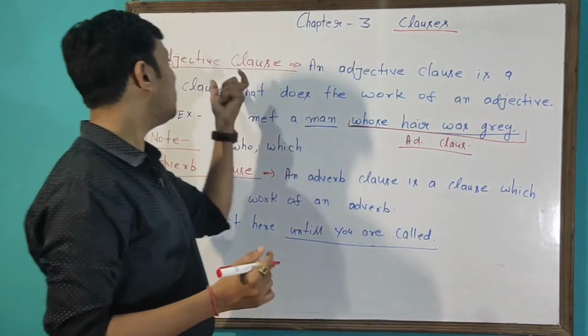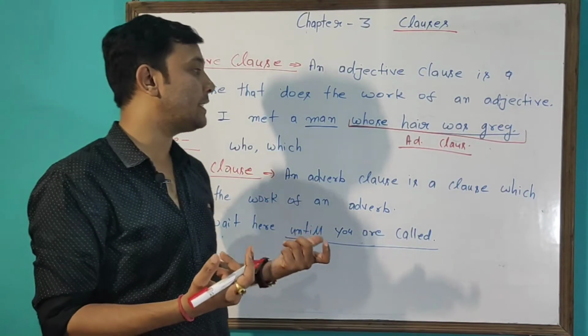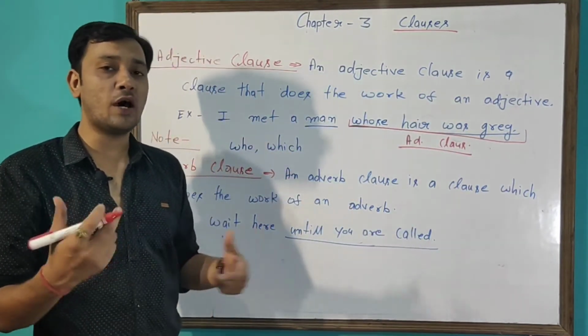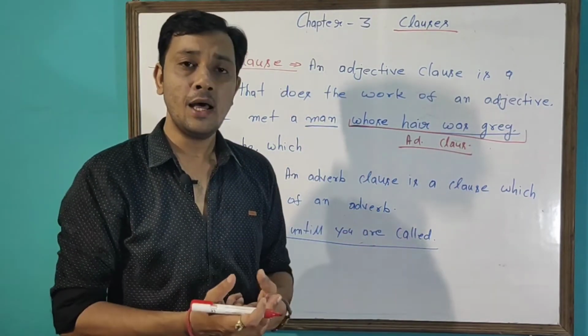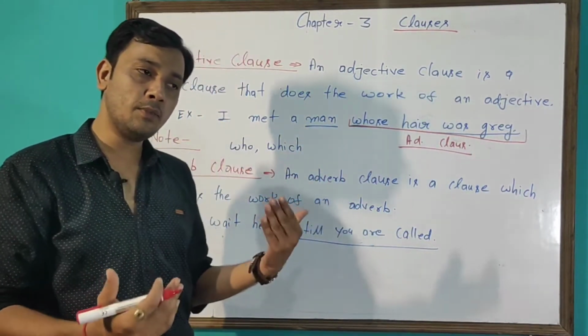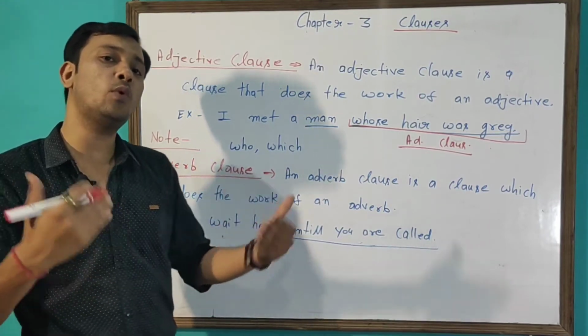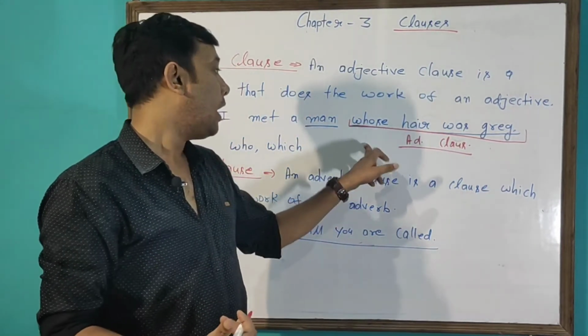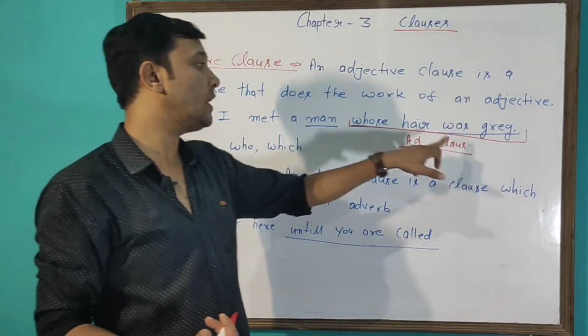Why? Because to understand what an adjective clause is, you have to understand what an adjective is. An adjective is a word which qualifies a noun or pronoun. Same way, an adjective clause also does the work of an adjective. That means it will also qualify a noun or pronoun. How? I met a man whose hair was grey.